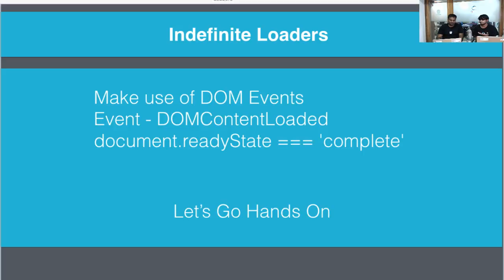We have a lot of DOM related events, like mouse click or keyboard button press. Similarly, we have an event called DOMContentLoaded. DOMContentLoaded is fired whenever the DOM tree has been completed.